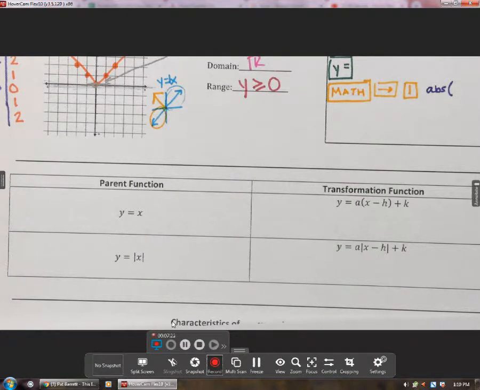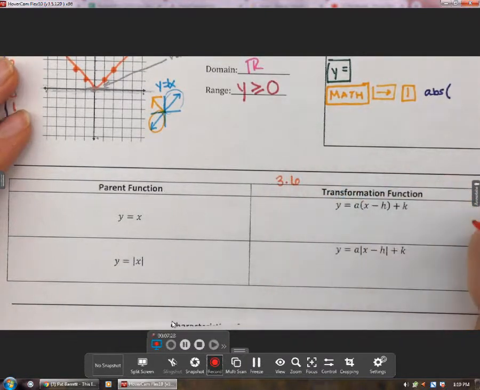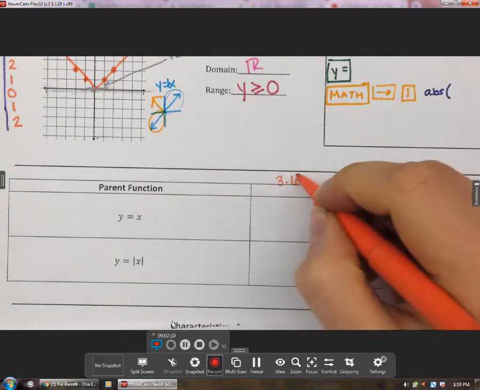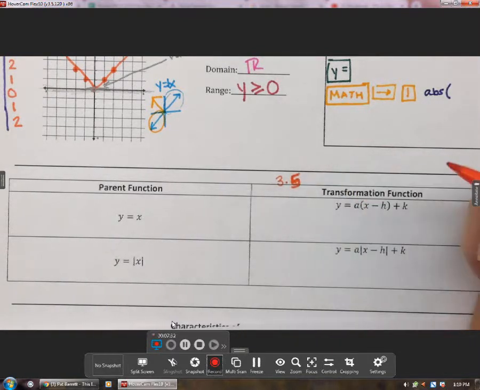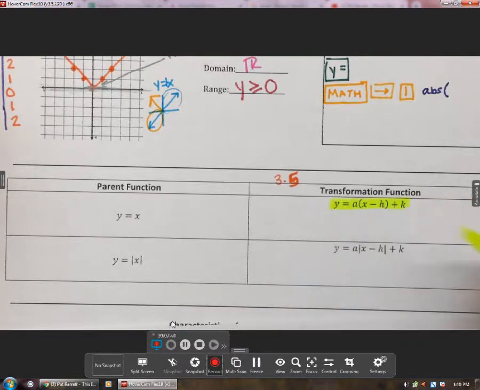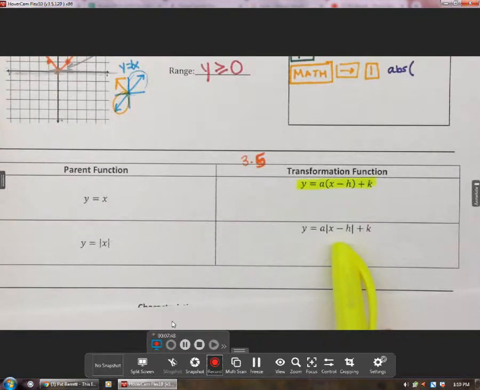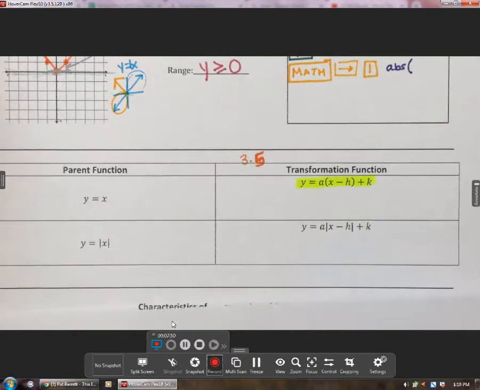I did want to notice last week when we did our 3.5 notes with linear transformations, I gave you this function. You don't need to write this down. That's the moral of the story. I'm just making a brain connection here. This is what we did last week in 3.5. This week, the things you learned last week do the same thing.